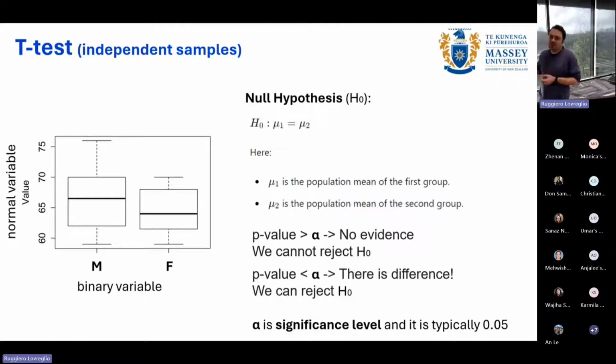What does it mean, 0.05? We will see in the next slides. So that's why most of the time you read papers, you read the stuff, and you say, this is significant, this is not significant. It's because you get the p-value, you compare with this famous 0.05. What we can do with a statistical test, if we see that the p-value is smaller than 0.05, we can reject the null hypothesis. So we can say, look, that statement is false.